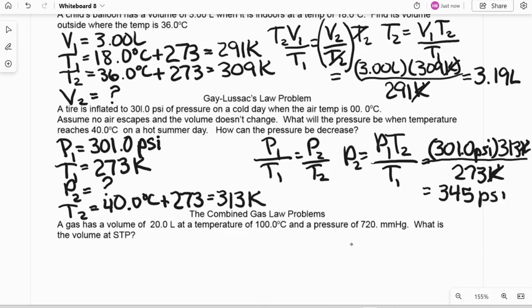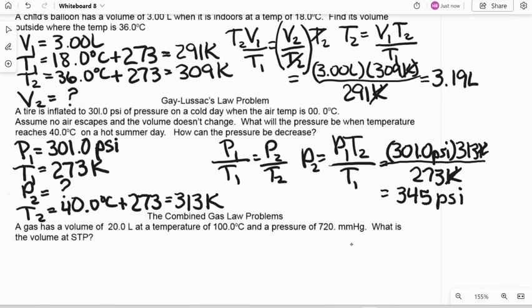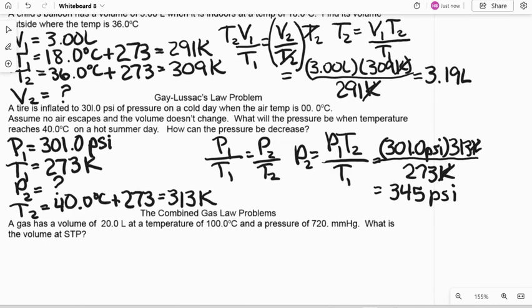PSI. Let's say you wanted to know how much that was in atmospheres. The equivalency statement is there's 14.9 psi is equal to 1 atmosphere. So if I wanted to convert this, when we do these conversion factors, you want to cancel psi, so psi goes on the bottom.